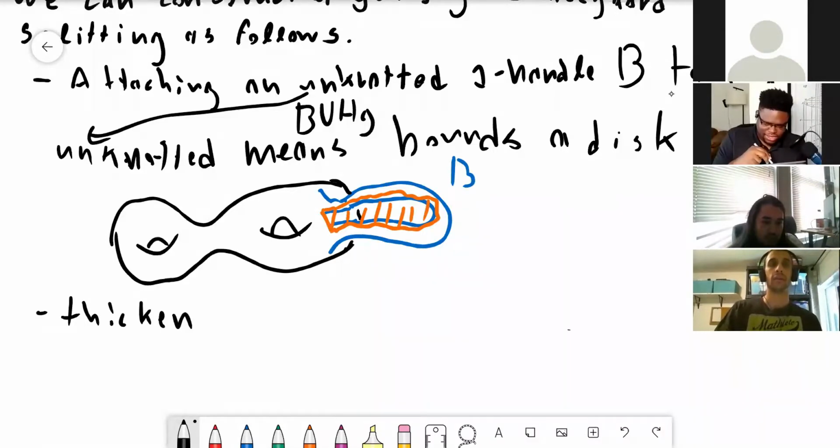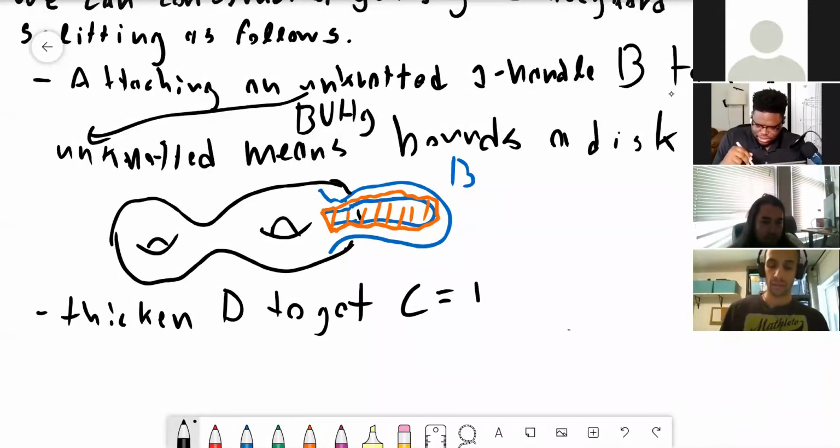So now we're going to thicken D to get C, and all we're doing is just thicken it. I'm not going to even really draw it. You're just making this a little bit thicker.